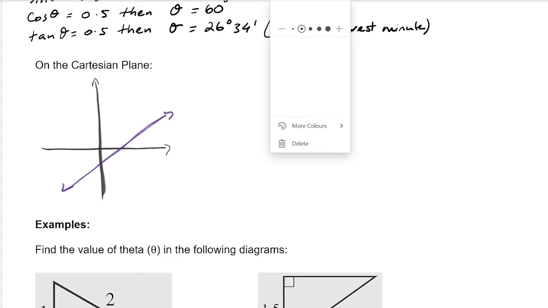But what we can do is draw in a right-angled triangle to help get rise over run. So here's our rise, here's our run.